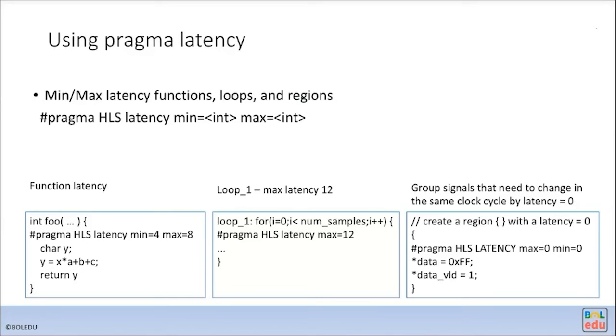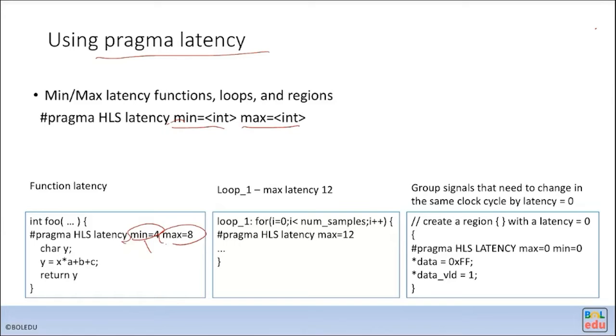First, latency. You can use the latency directive. That's a program you can use to control the compiler. It provides a min and a max, so the compiler will try its best to optimize within the given spec. It also works for a loop.